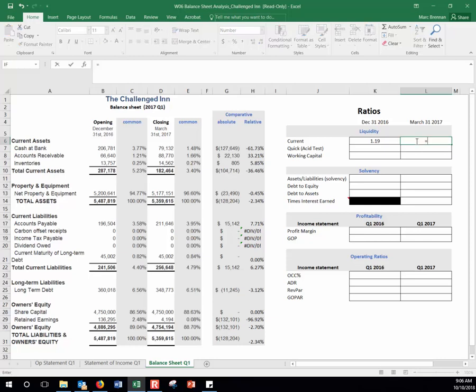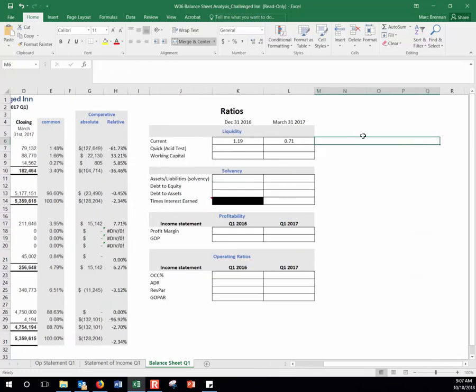Now if we look at this quarter, we'll do the same thing. Our current assets divided by our current liabilities. We're going to just write times over here, that way we remember that this is times.